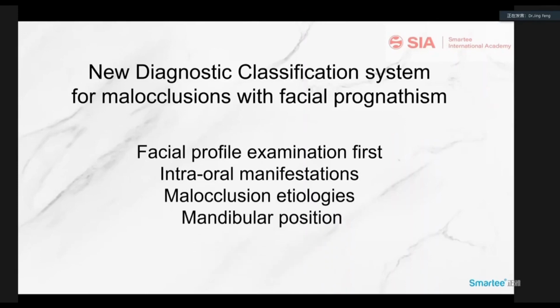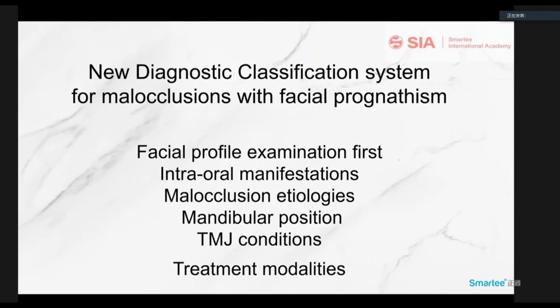And most importantly, we pay much attention to the mandibular position. It will contribute to the malocclusion forming dramatically, and the TMJ conditions. Also, we will give the treatment modalities according to each classification of this facial prognathism.